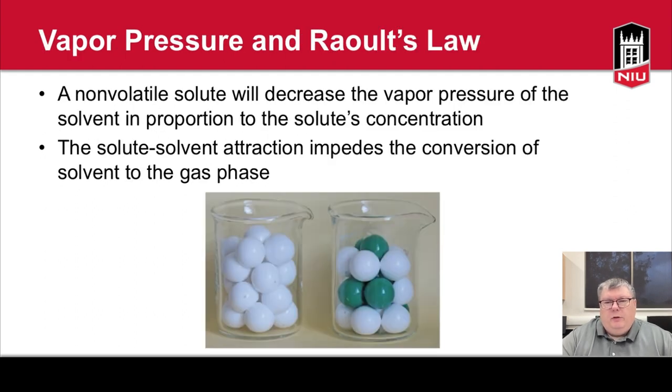So let's start with vapor pressure and Raoult's law. A non-volatile solute will decrease the vapor pressure of the solvent in proportion to the solute's concentration. That is what we call Raoult's law. The addition of a non-volatile solute impedes the conversion of the solvent into a gas because of the attractive forces between solvent and solute particles.